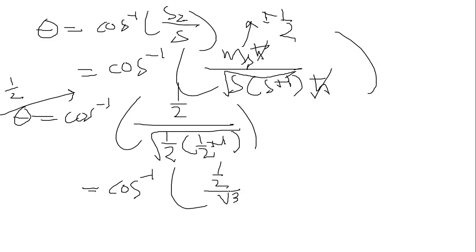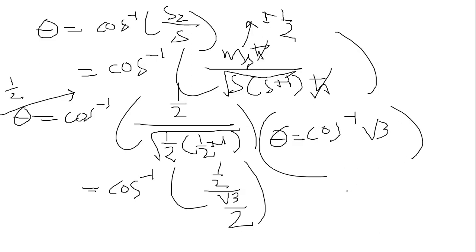Half into 3 by 2, which is 3 by 4. Because m_s is equal to half and s is equal to half into half plus 1, so 1 by 2 into 3 by 2, 3 by 4. So the root is root 3 by 2. If we put this, then theta is equal to cos inverse 1 by root 3.